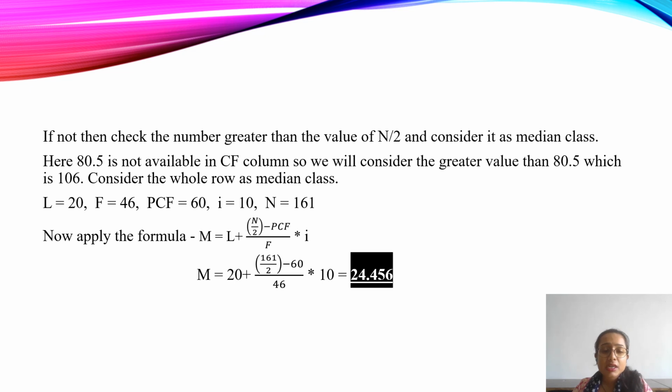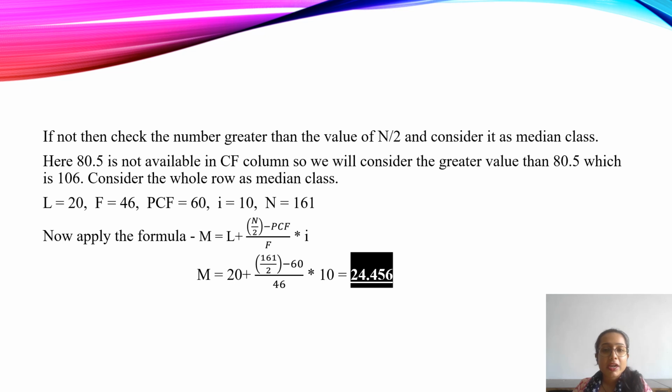PCF is the preceding cumulative frequency, so basically the cumulative frequency just previous to the highlighted row. The highlighted row was 106, right? So before that the CF is 60. So 60 is your PCF. Then I is the difference between class intervals, that is 10. Then n, the number of frequencies, also the number of observations, is 161.